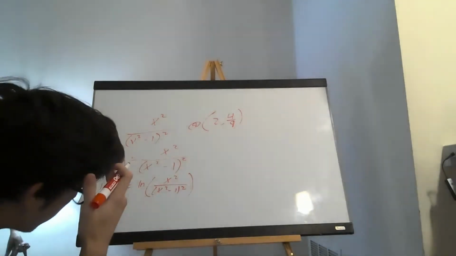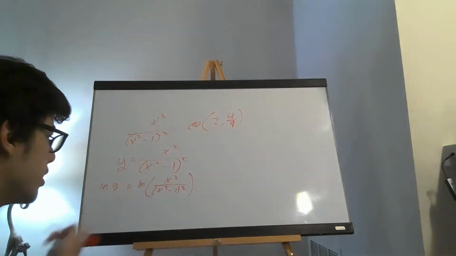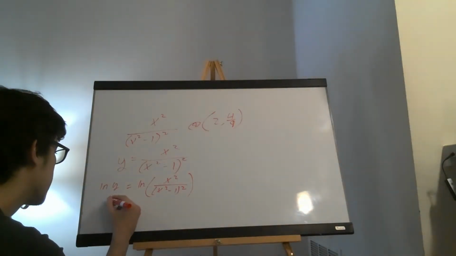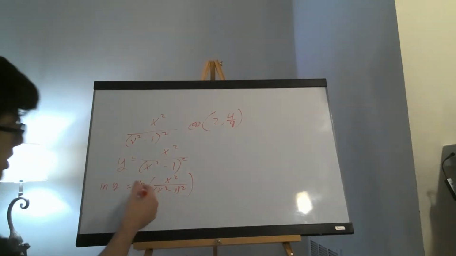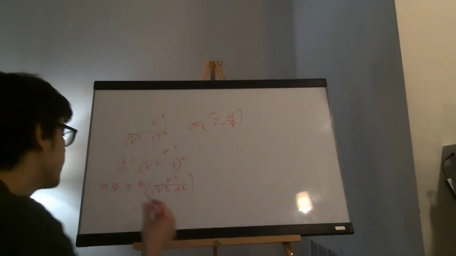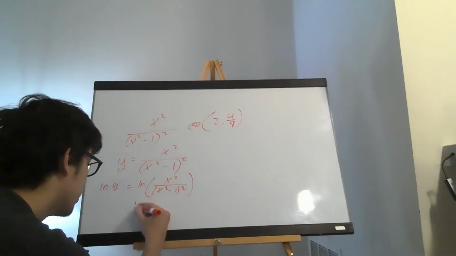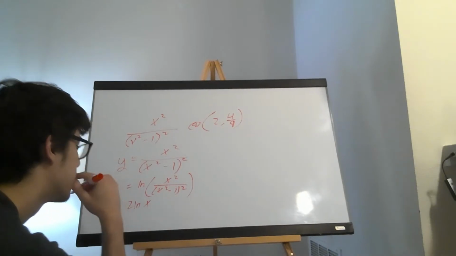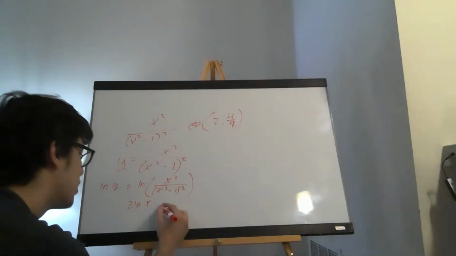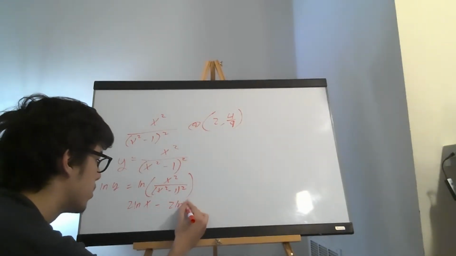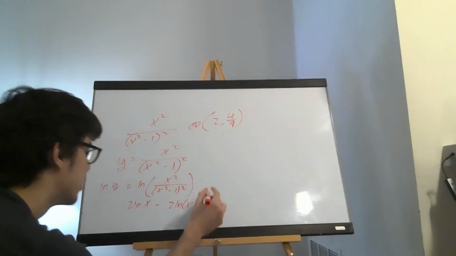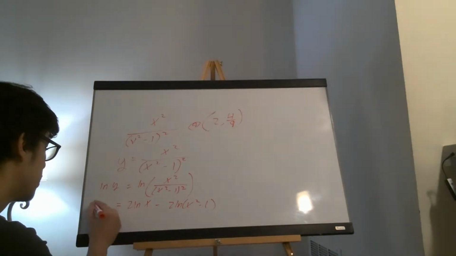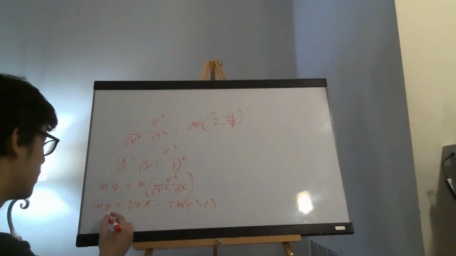So now if you guys remember your exponent rules, this should look pretty swifty here, because if we differentiate, then this is going to give us, well, first let's just look at our natural log rules even. Natural log, 2 natural log x, and then minus 2 natural log x squared minus 1 equals natural log y.